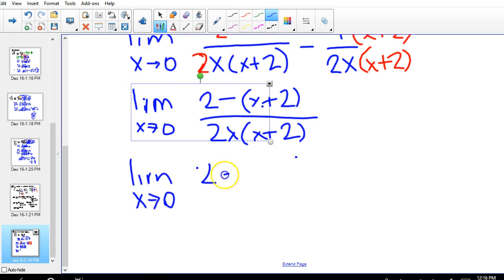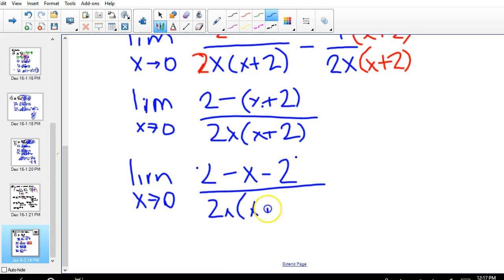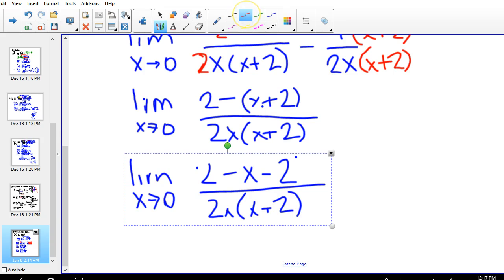So you got 2 minus x minus 2 over 2x times x plus 2. And so here the 2's will cancel. And once those 2's cancel, you got a negative x on top and this x on bottom, so the x's can also cancel.